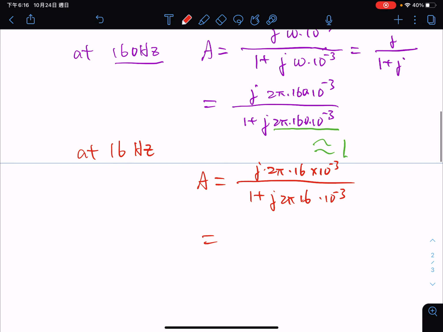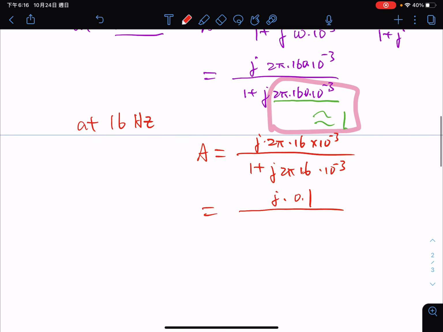And since this is approximately equal to 1, then of course this will be J multiplied by 0.1, over 1 plus J multiplied by 0.1.